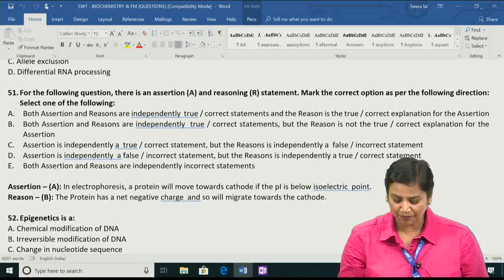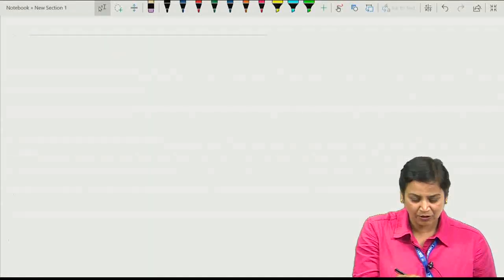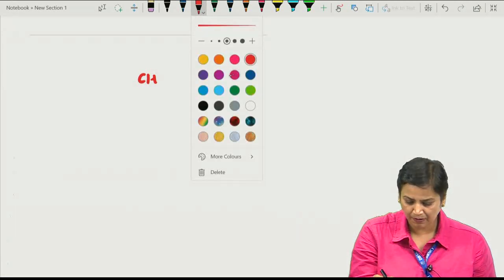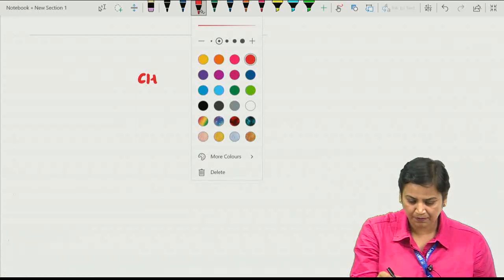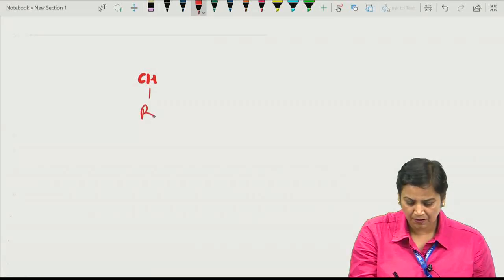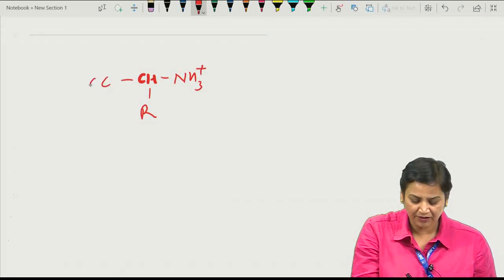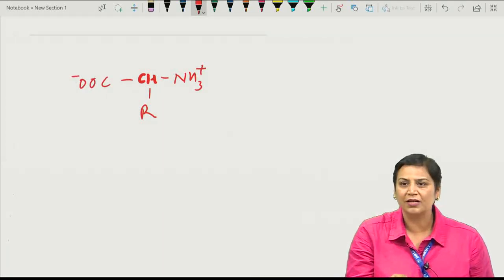Now all of you know that amino acids have a zwitterionic structure. Zwitterionic structure means that on one hand they have an amino group, and on the other hand they have a carboxylic group.